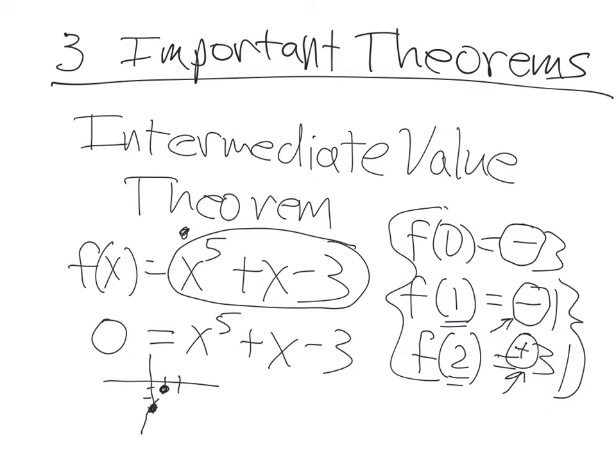Without getting any more detailed, what we'll find is something like this. So between 0 and 1, we're not guaranteed that there is a function value that equals 0.